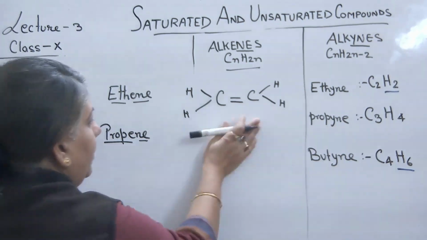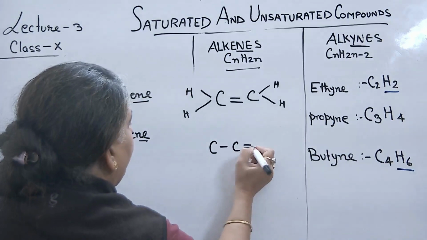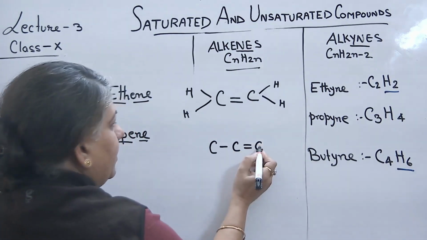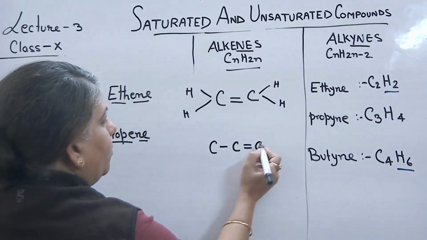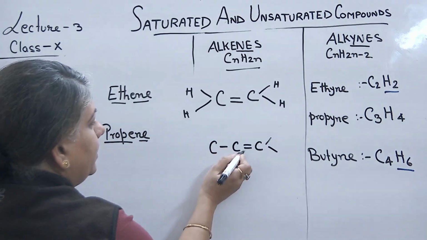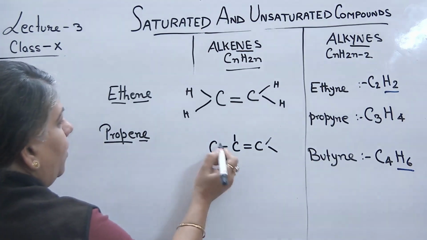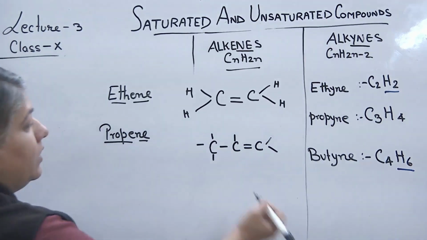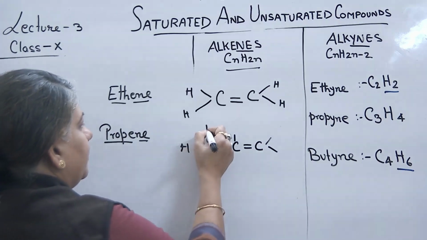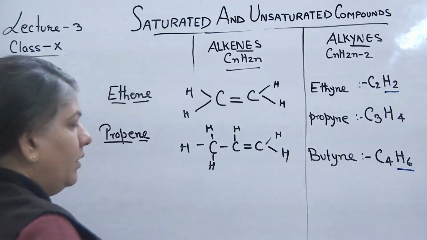So for propene we'll put just double bond here and complete the tetravalency. For this carbon you already have 2 bonds, make 2 more bonds. For this carbon there are 3 bonds, so you put 1 more bond here. This carbon, 1 bond is present, put 3 bonds and fill it with hydrogen. So this is propene.